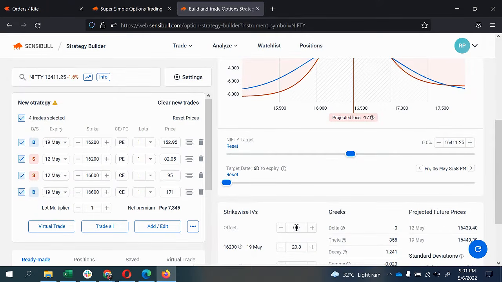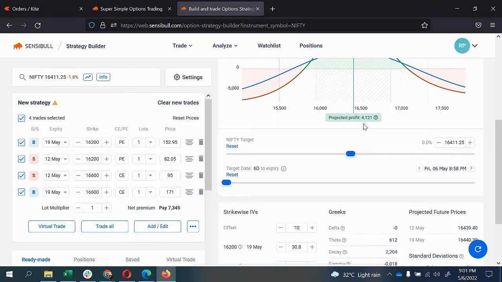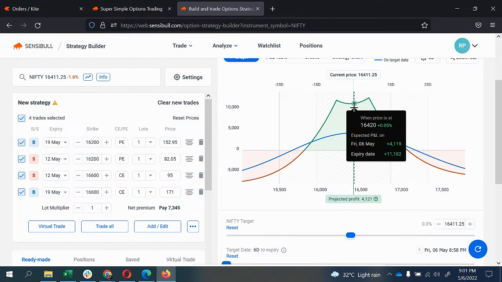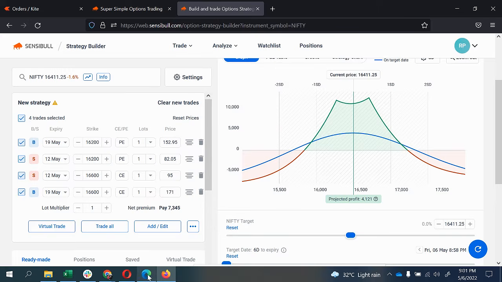Check what will happen if I just increase the VIX by 10%. Right away you are at 4121, though your market stands where it is, because this is the beauty of a rising VIX. Rising VIX will increase this premium 2 to 3 times more than it increases the sold premium.